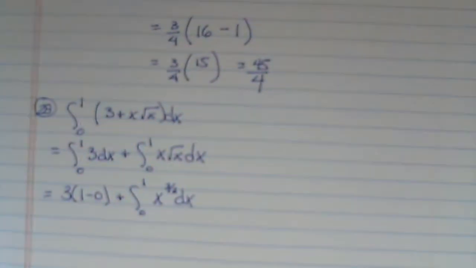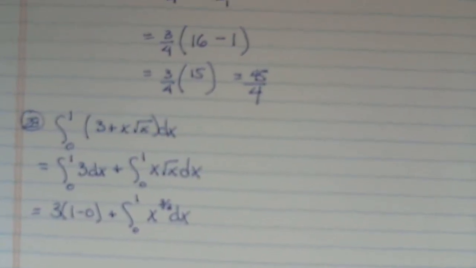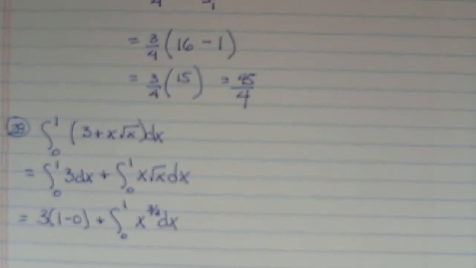So I now have a value, 3, for the integral from 0 to 1 of 3 dx. And I have a representation of x root x that's going to allow me to find the antiderivative. Now, the antiderivative of x to the 3 halves, again, we have to add 1 to the exponent. So that's going to be 3. Don't lose that 3 that's out front there now. 3 plus the antiderivative is going to be x to the 5 halves.